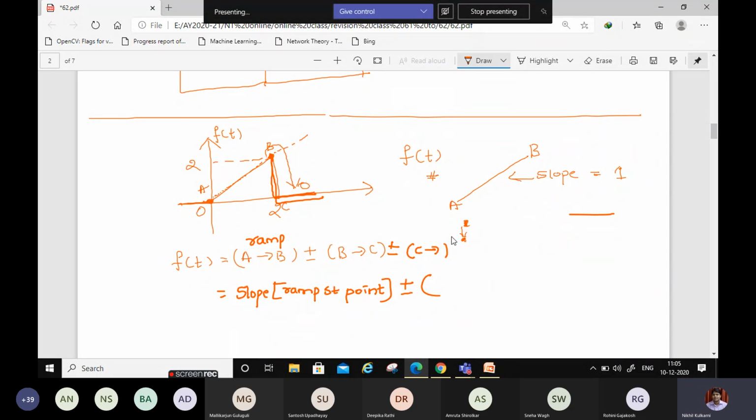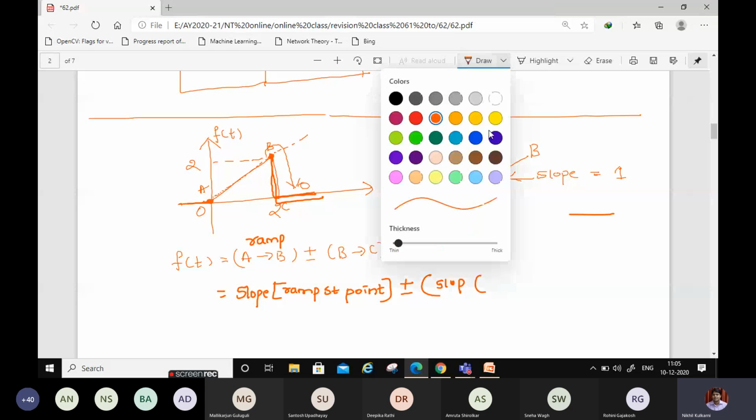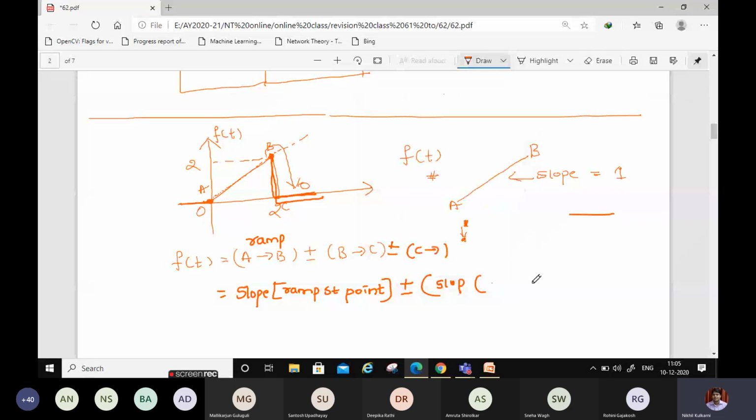If you want to stop that ramp, earlier slope was 1. So you have to decide how much slope and where you want to stop that. Stop ramp at which point?